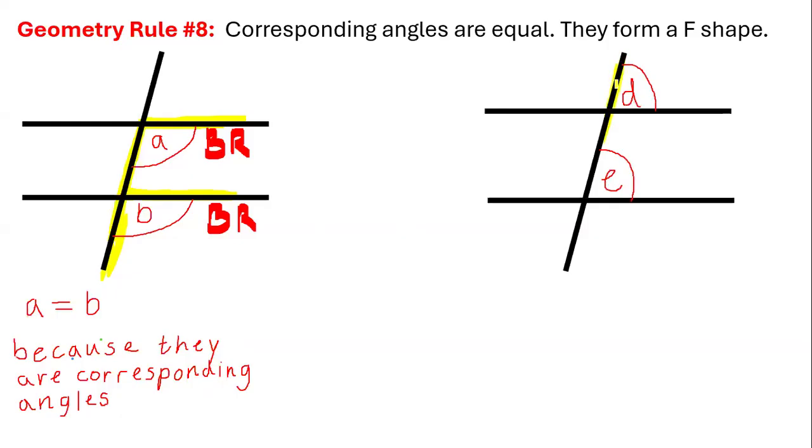So this one on top is D, and this is E. Do you all see the F shape for this one? Yes, sir. Very good.